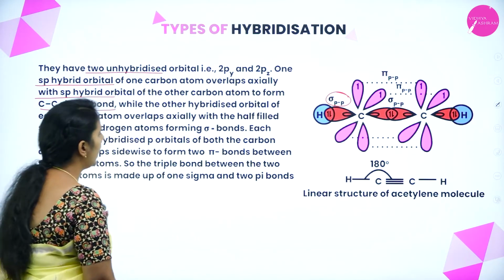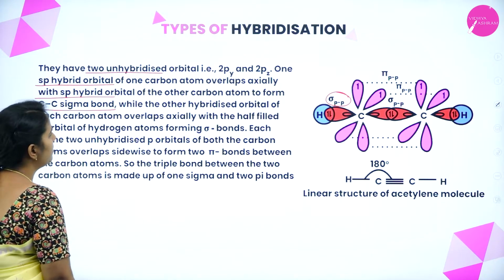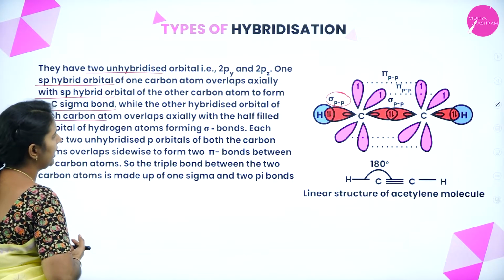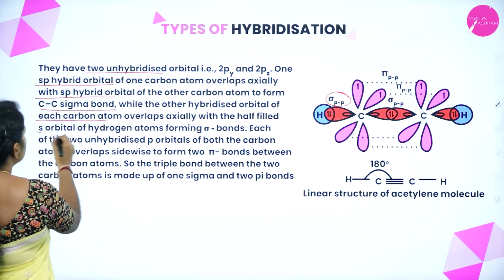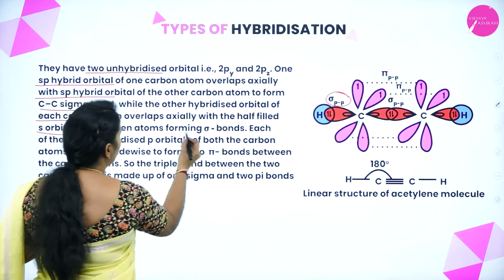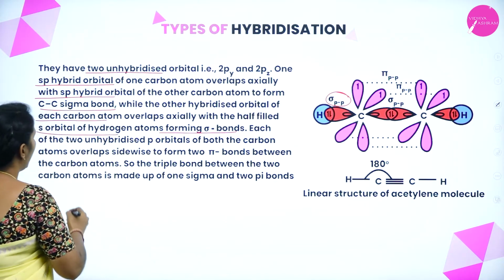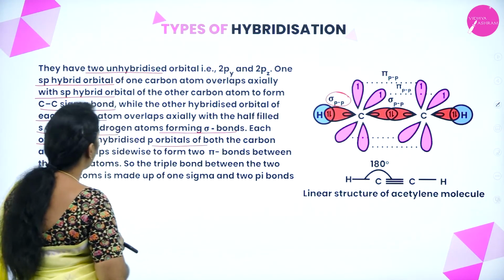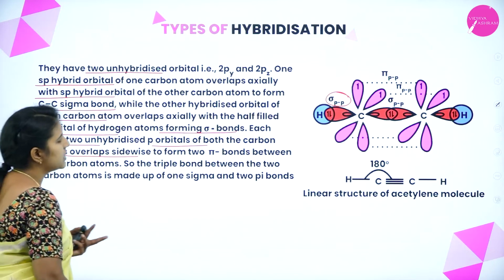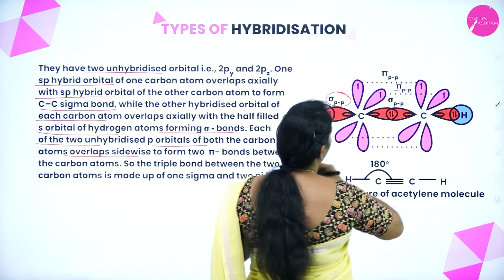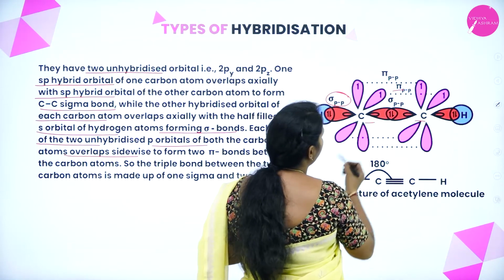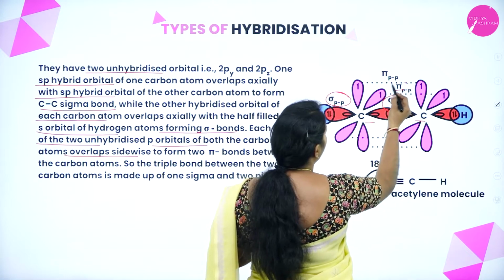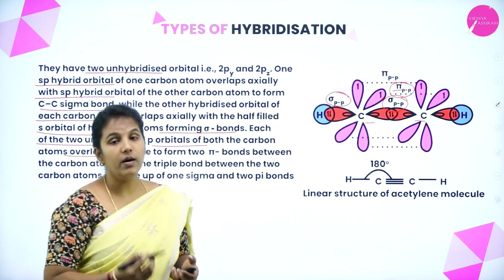Each of the two unhybridized p orbitals of both carbon atoms overlaps sideways and results in the formation of what? Pi bonds.